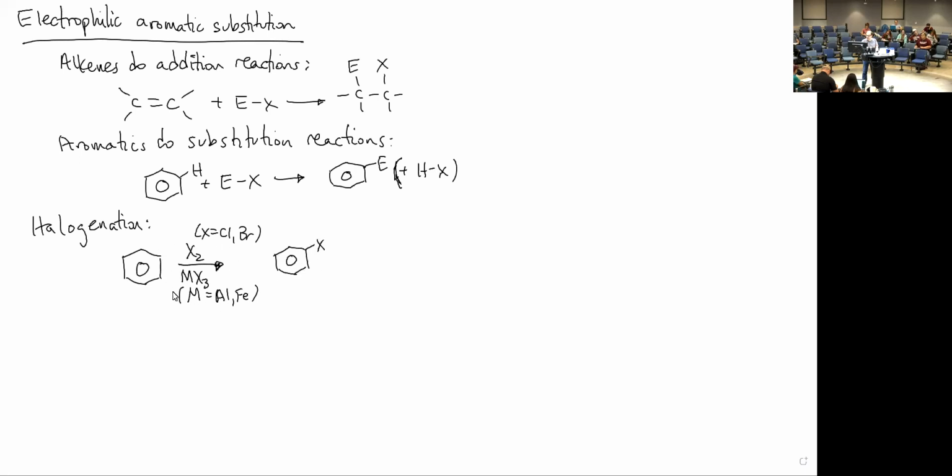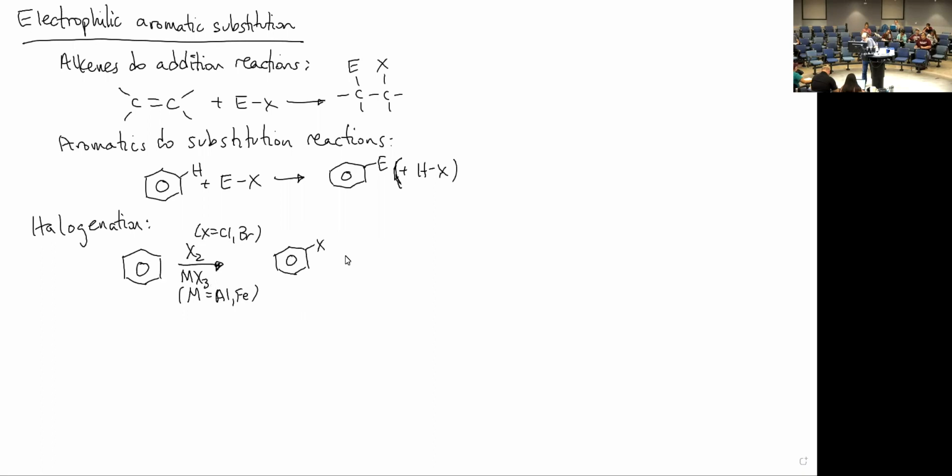I'm just here giving it in a very general sense because I didn't want to write that out 4 times with all the 4 different possibilities. I think you see what I'm doing here. But you will get chlorobenzene if you use Cl2 and either aluminum chloride or iron 3 chloride. You will get bromobenzene if you use bromine and either aluminum bromide or iron 3 bromide. So that's pretty much it.